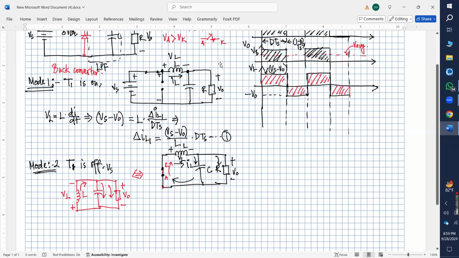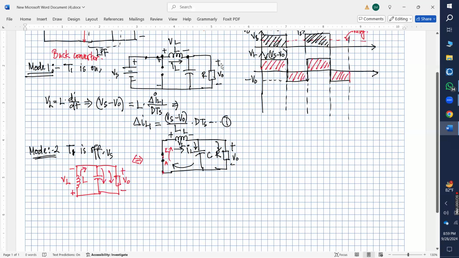Is there any question? Sir, what changes has the low-pass filter made here?